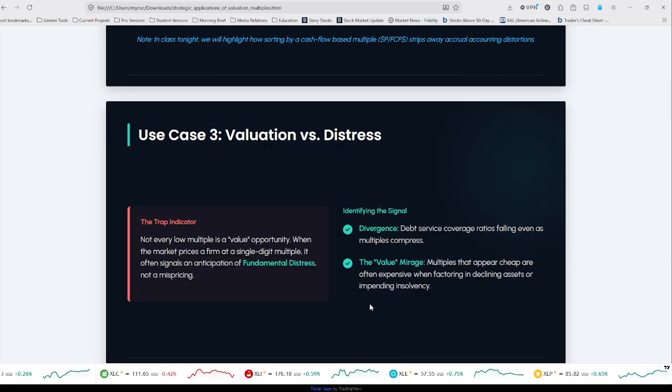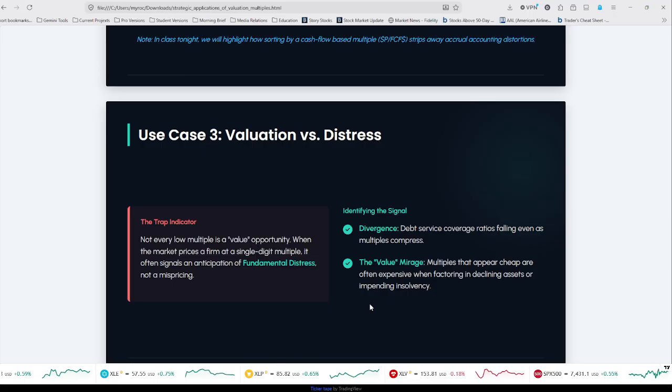So we want to be identifying the signals here. Like I said, you can have a valuation divergence, where your debt coverage ratios are falling, but your multiples are compressing. In other words, imagine you've just been paying off your debt like crazy, paying it off early.